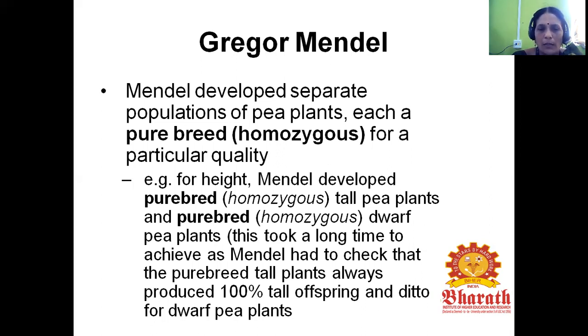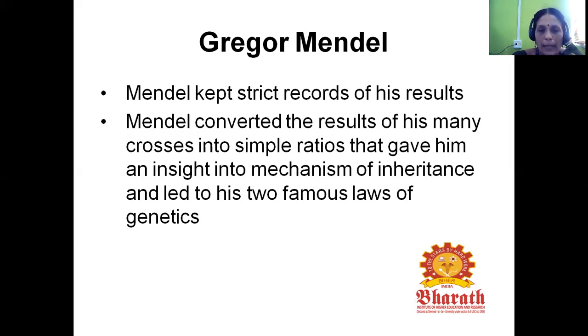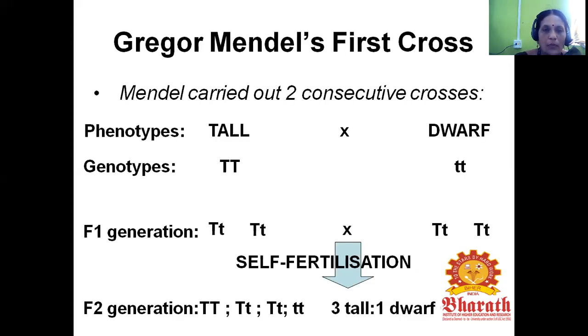This took a long time to achieve, as Mendel had to check that the pure breed tall plants always produce 100% tall offspring, and likewise for dwarf pea plants. Mendel kept strict records of his results. He converted the results of his many crosses into a simple ratio that gave him an insight into the mechanism of inheritance and led to his two famous laws of genetics.